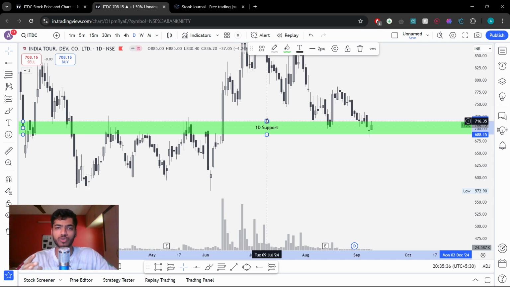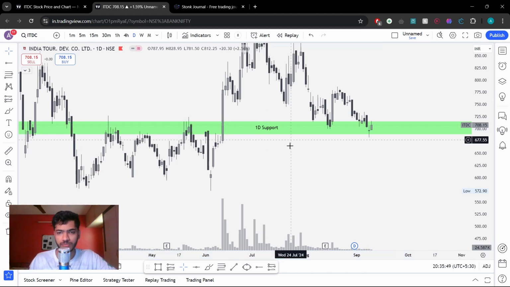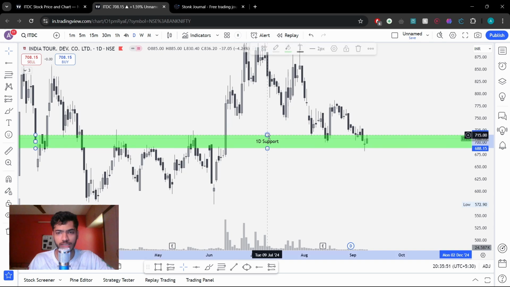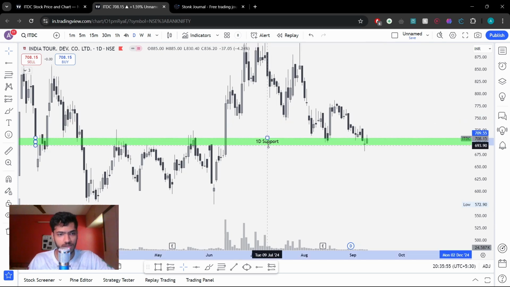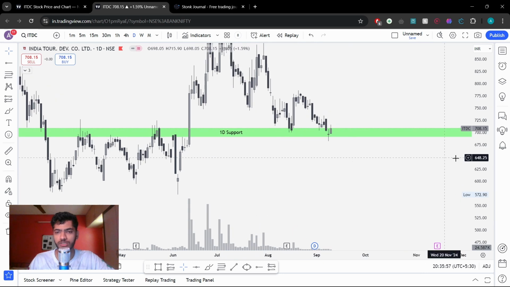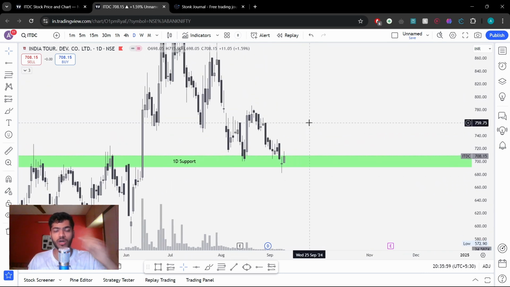And to accurately mark your zones, what I do is I shift down a time frame. So from weekly I came down to daily, and I'll accurately mark the zones on the daily time frame, right? So I think this is quite accurate. So yeah, this would be my daily support or a level of interaction, as I said.